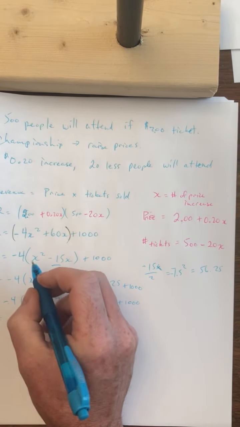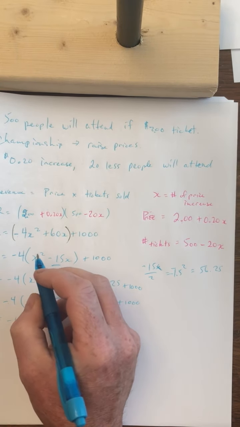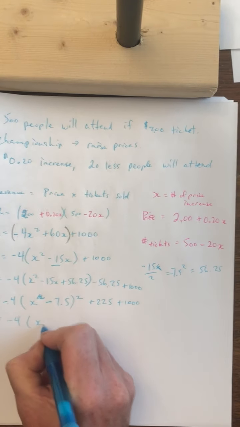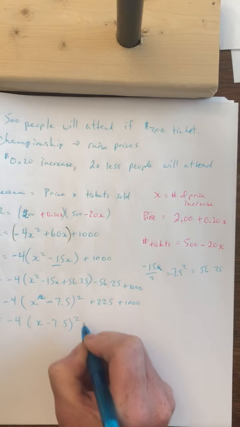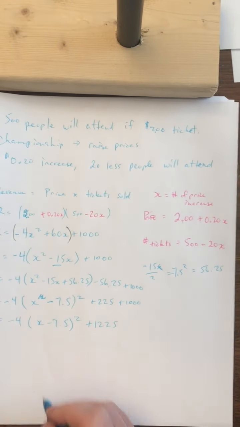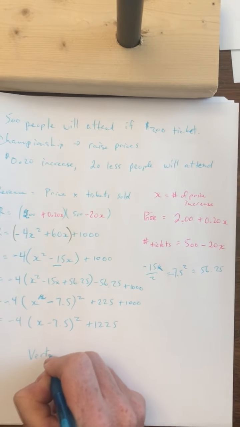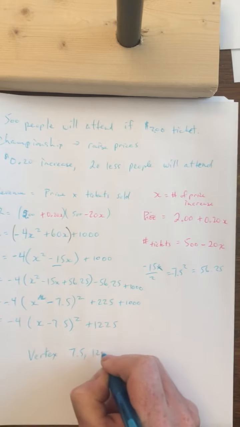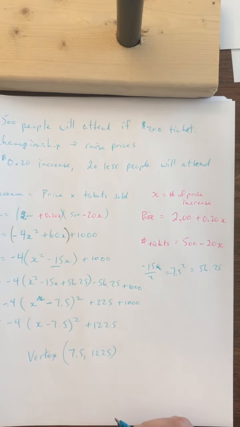And so here our vertex is at 7.5, 1,225.